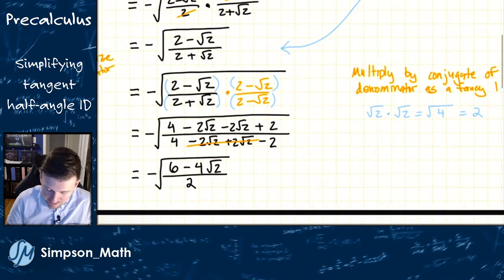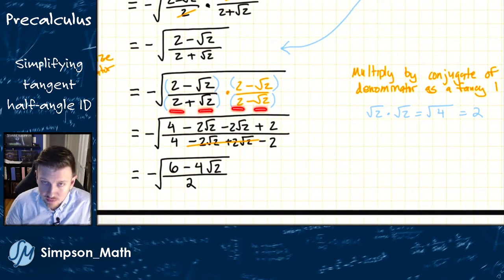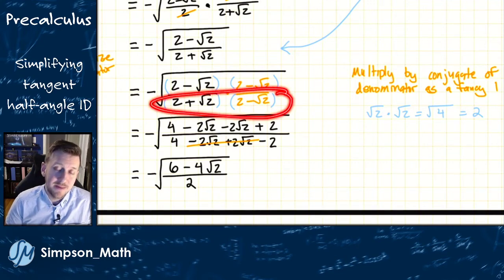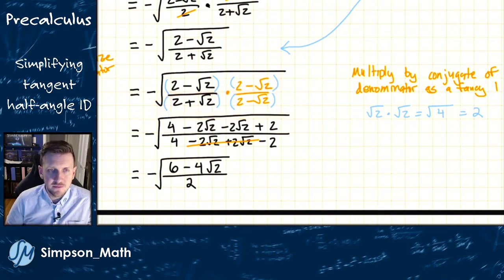It's a binomial with the same terms, but the addition or subtraction symbol is flipped. So instead of 2 plus square root of 2, I'm multiplying by 2 minus square root of 2. And I'm attacking the denominator. I'm multiplying by the conjugate of the denominator, because that's the one where I need to make those square roots go away. I show the full math here.